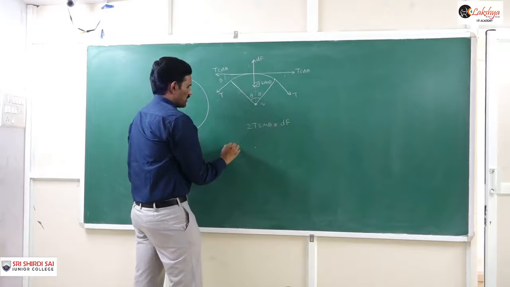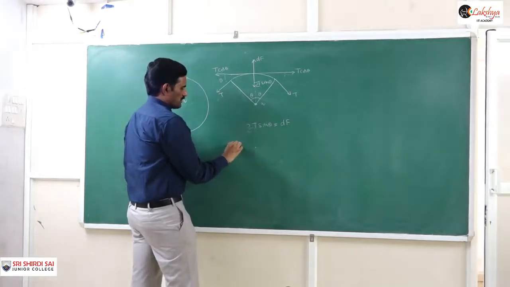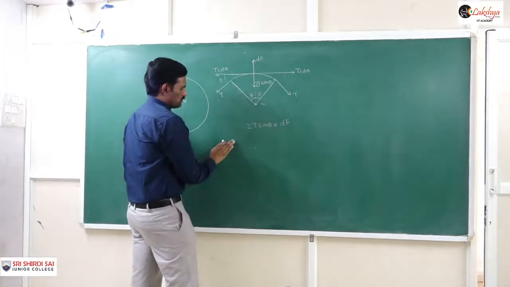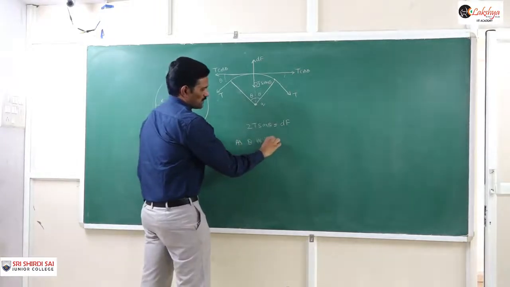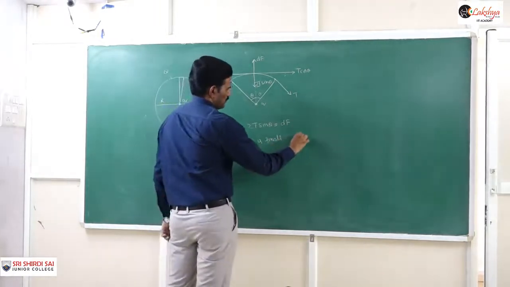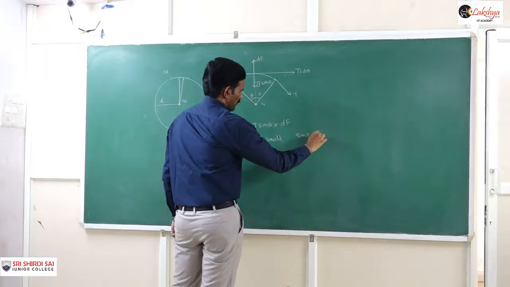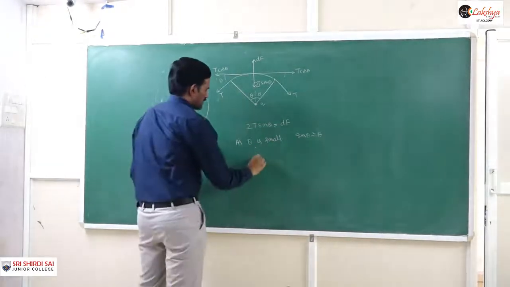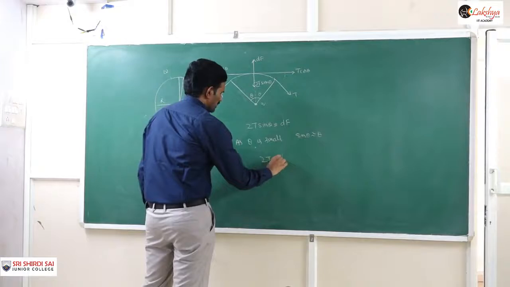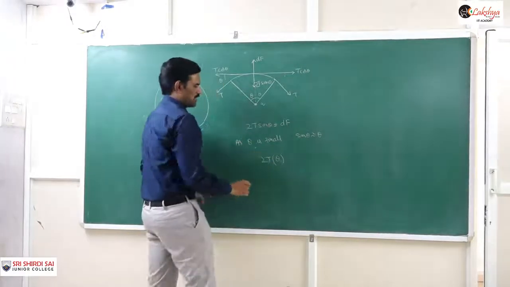Since theta is small, we are taking a very small element, so sin theta can be approximately taken as theta. That is an approximation. So I can write this as 2T theta.